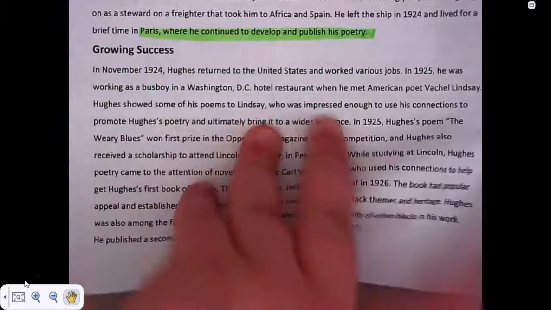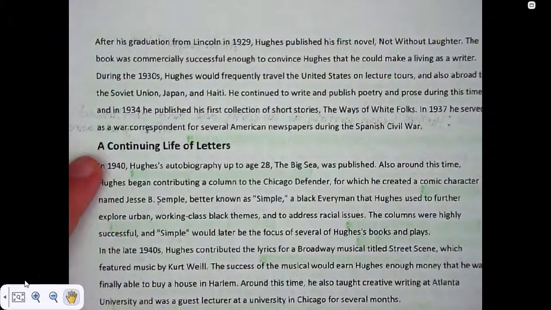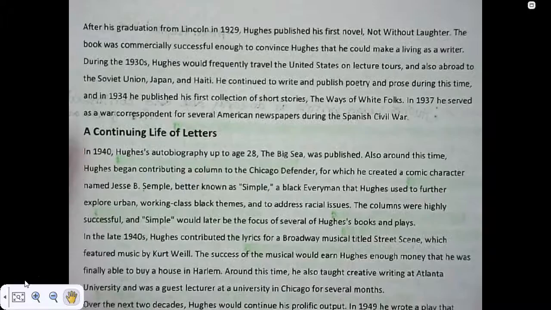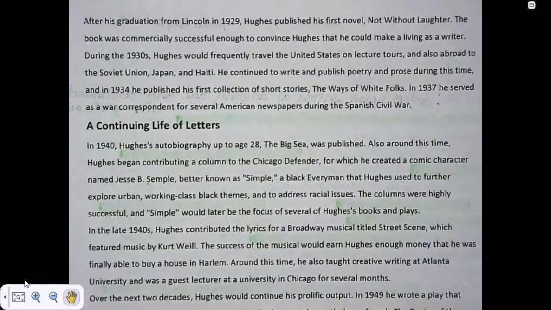Now, I can go through each individual section of this piece and highlight the major events or important information. And then next to each subheading, I will again write my sentence that explains to me what the overall central idea of that section is.